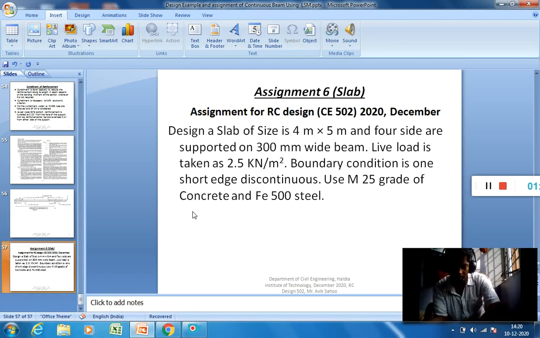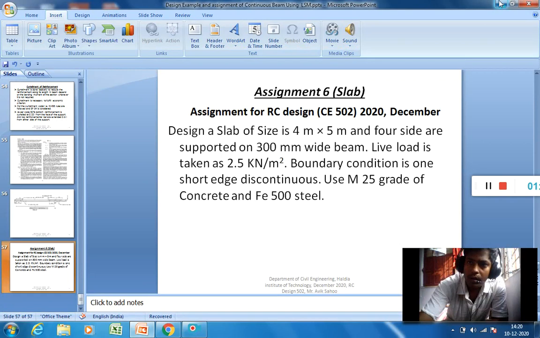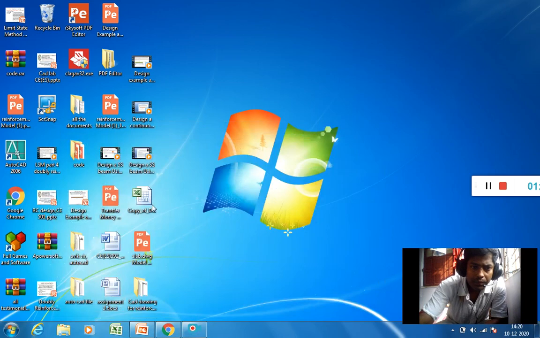So here I have prepared one computer code for two-way slab design in an Excel sheet. I will show you how the sheets are prepared.